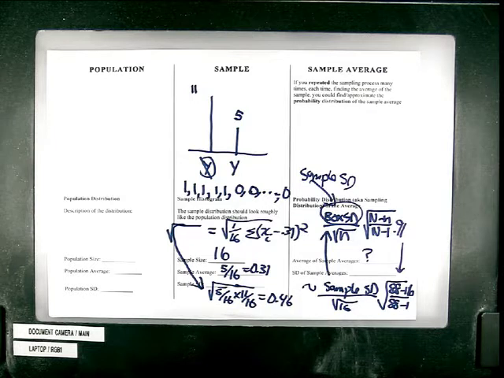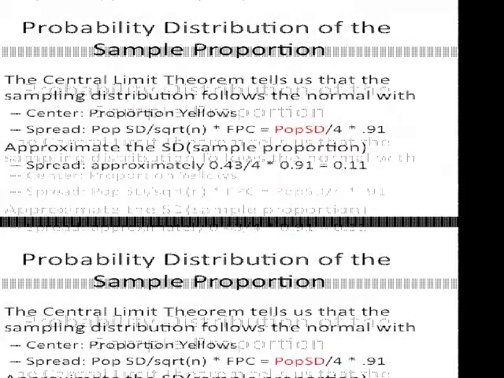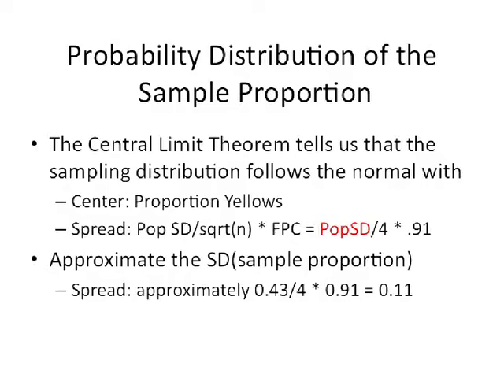So before we go there, there's one other calculation I'd like you to make. So hopefully at this point you've made these two calculations. You've computed the average for your sample, and you've approximated the SD for the sample average.